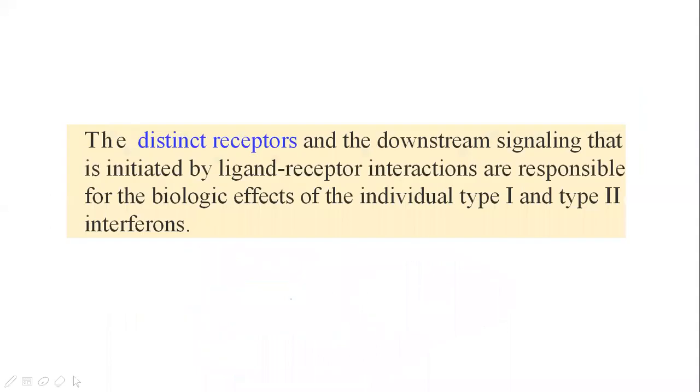Next, you will see the distinct receptors and the downstream signaling. The distinct receptors and the downstream signaling initiated by ligand receptor interaction are responsible for the biologic effects of the individual type 1 or type 2 interferons.